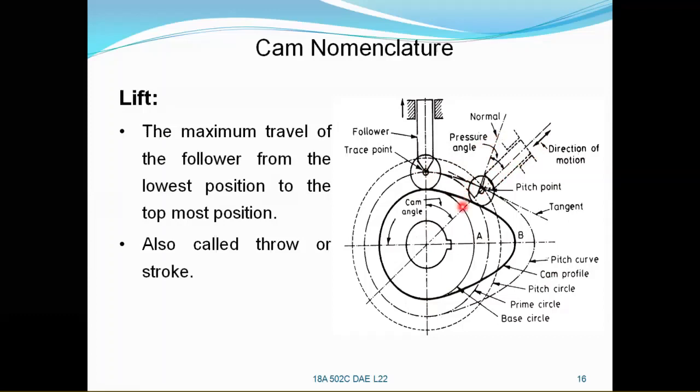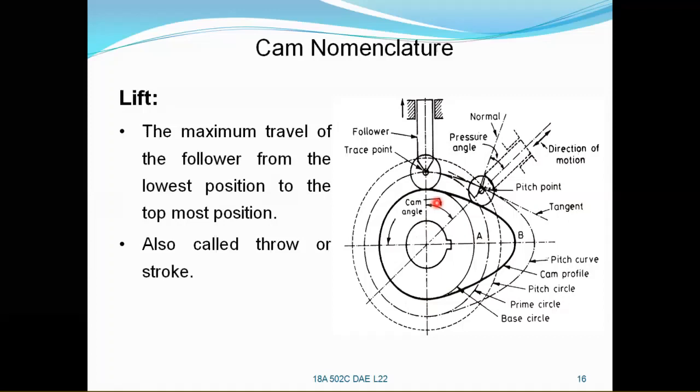And next are the cam angles. The angle through which the cam is rotating to raise the follower is the angle of ascent. The angle through which the cam rotates during the fall of the follower is called angle of return or angle of fall.